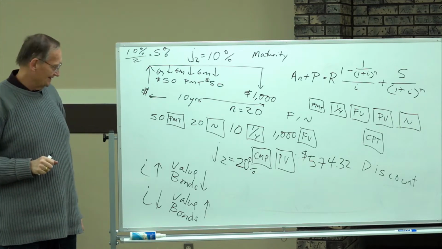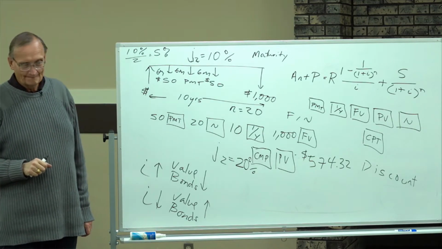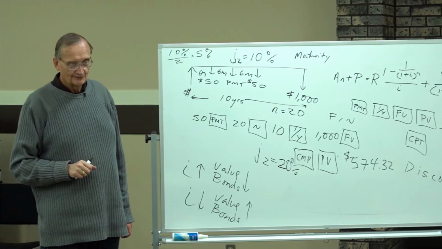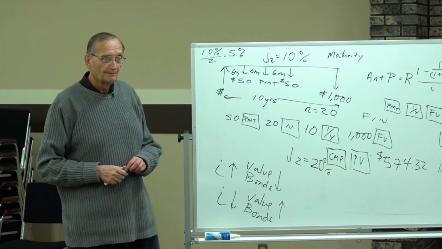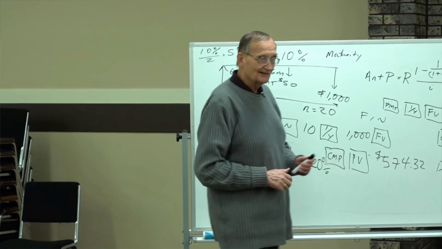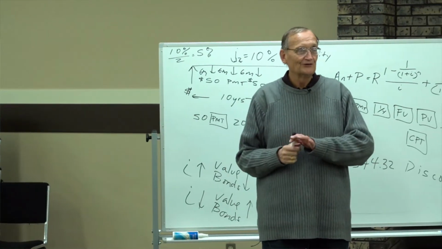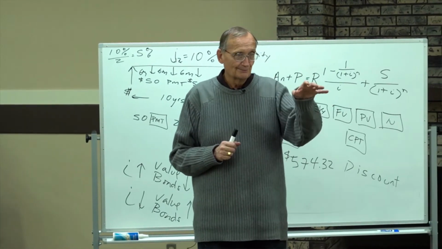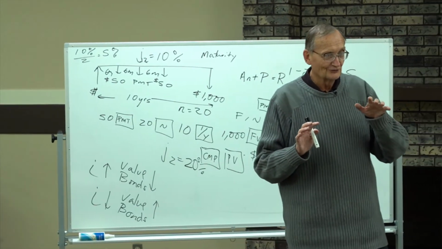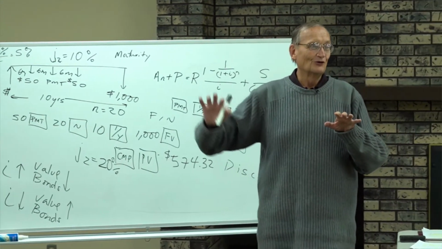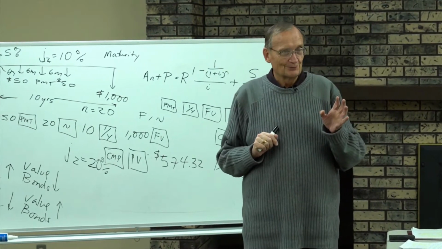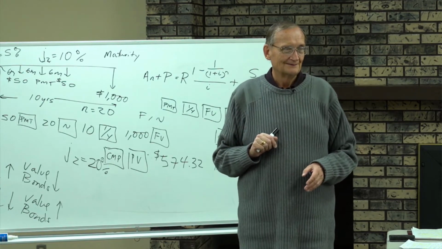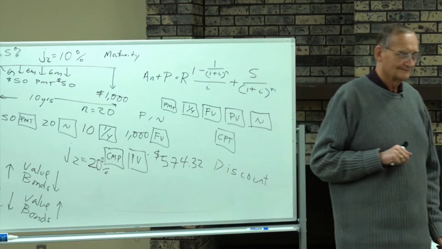Can you understand the idea? So if you bought into a bond, what you'd love to see is that interest rates go down, you're making big money. What you don't want to see when you buy a bond is interest rates later on go up. What happens to the value of your bond? Goes down.